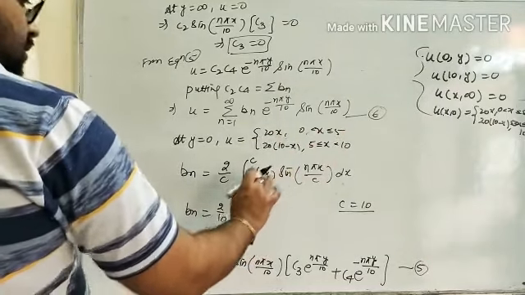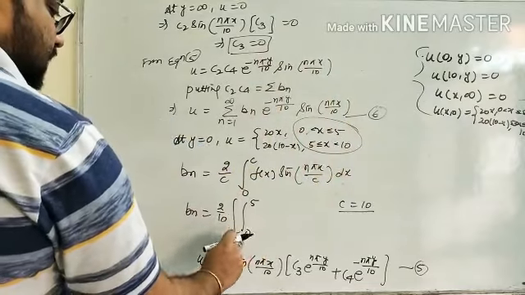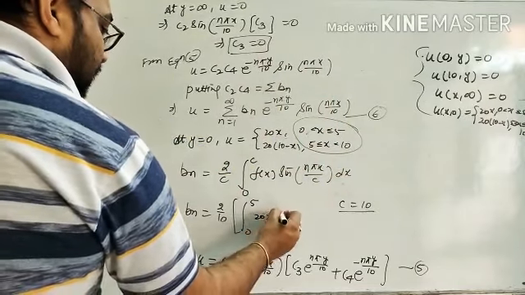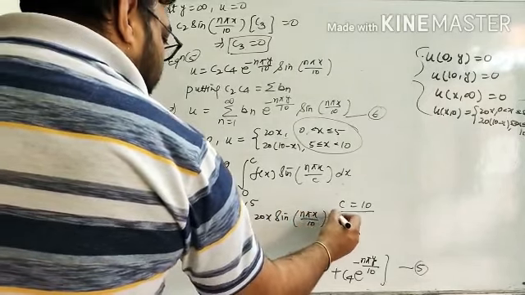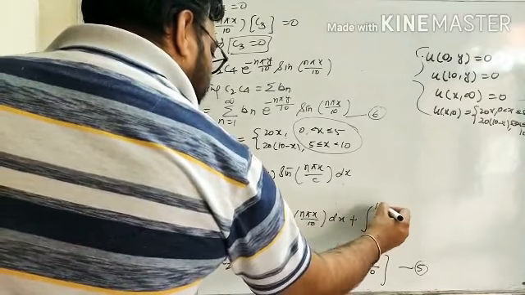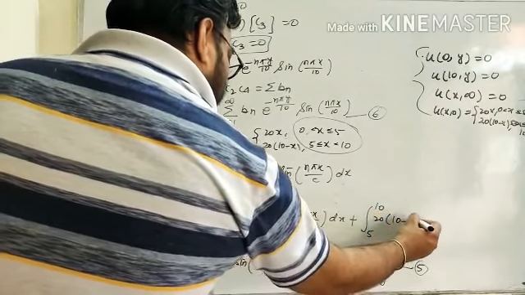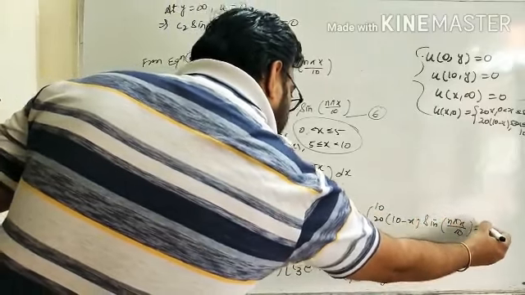Now we can convert it into two different limits, that is 0 to 5 20x sin n pi x upon 10 dx plus integral 5 to 10 20 (10 minus x) sin n pi x upon 10 dx.